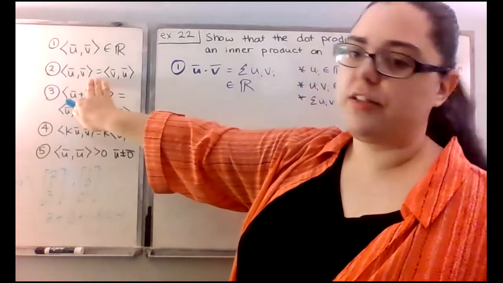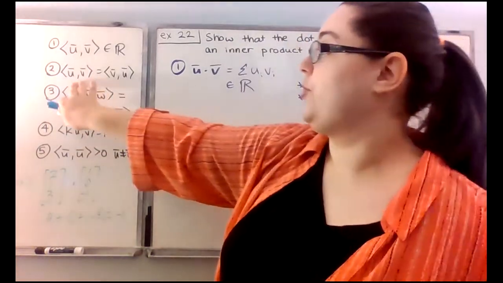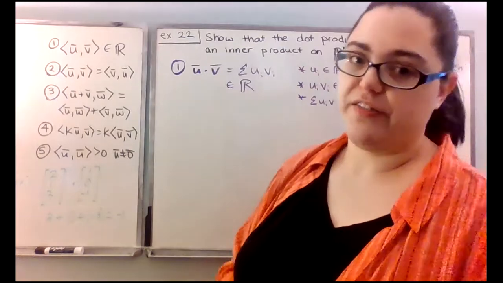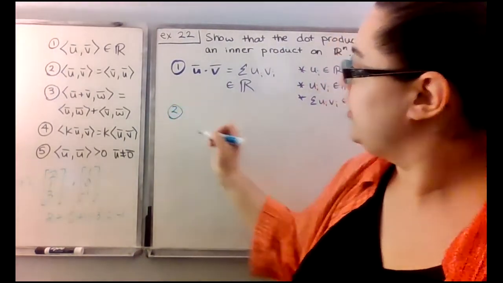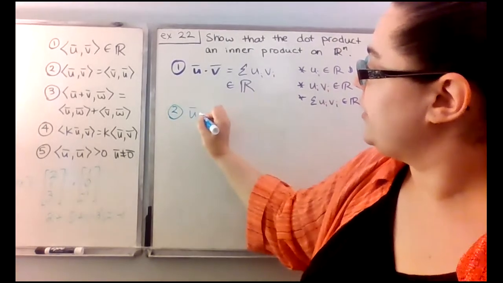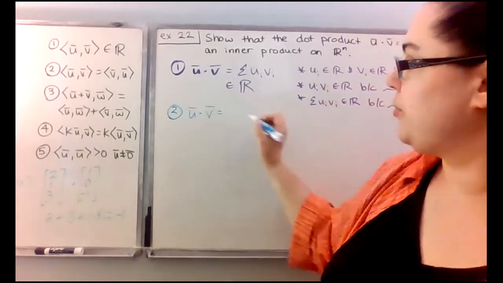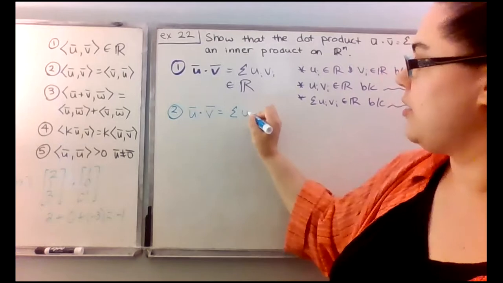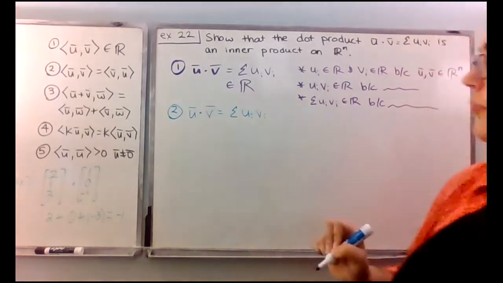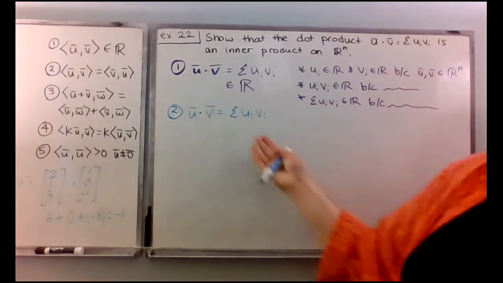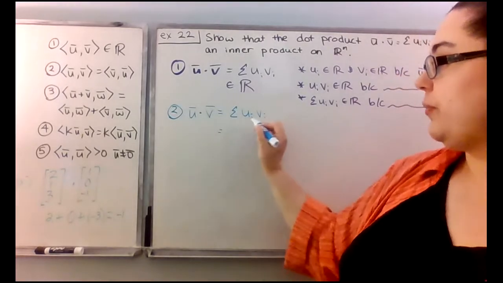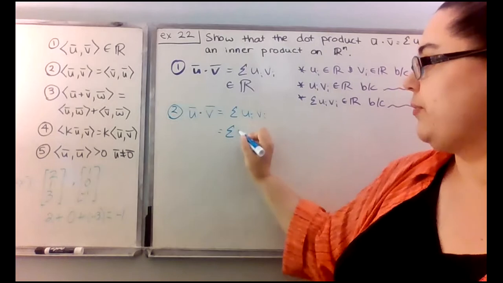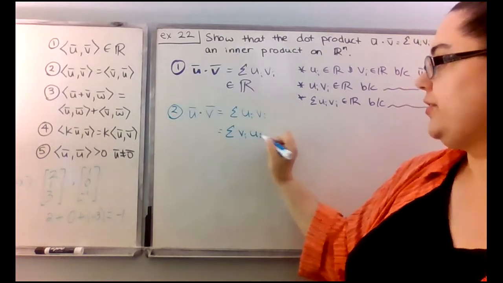So that's it. We proved the first fact that the dot product has to be a real number. Next, we want to show that the dot product commutes. So if I have u dot v, I'm going to get the same as v dot u. For my second one, I'm going to take u dot v, and I'm just going to apply the definition here. That's the sum of ui, vi. Well, because the ui and vi are real numbers, they commute in their multiplication. So this is the sum of the vi's, ui's.